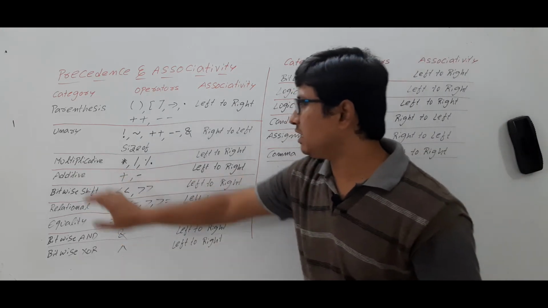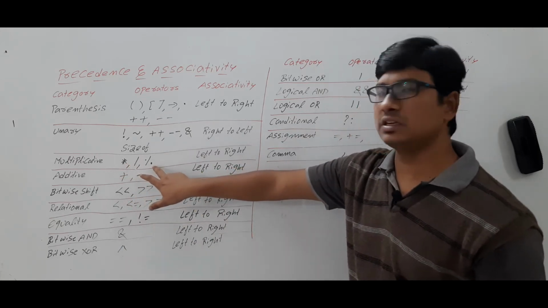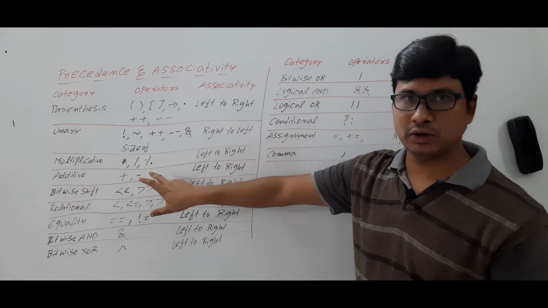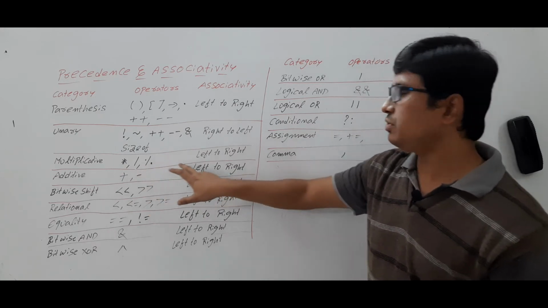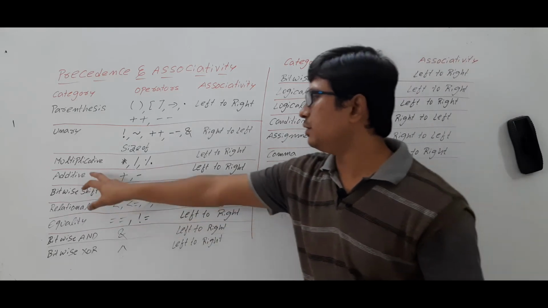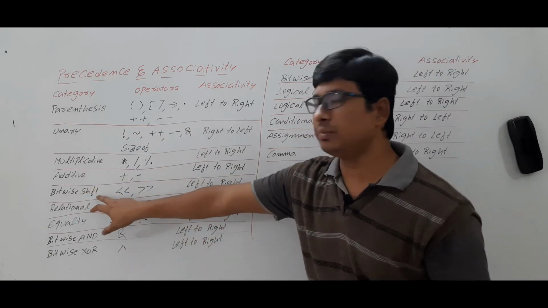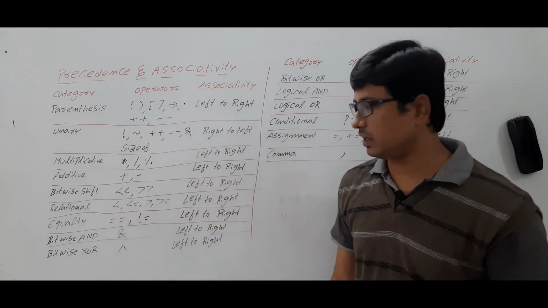And then you have the multiplicative operators such as multiplication, division and modulus. They all have equal priority. So if you have an expression, then you will look at the associativity, left to right. And you have the additive, meaning addition and subtraction. You have the bitwise shifts such as left shift and right shift.